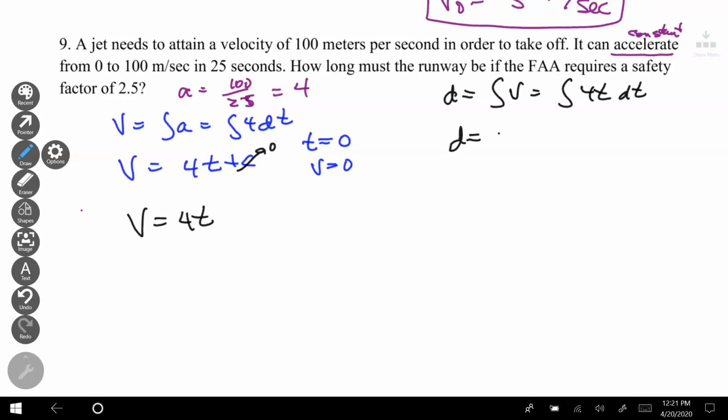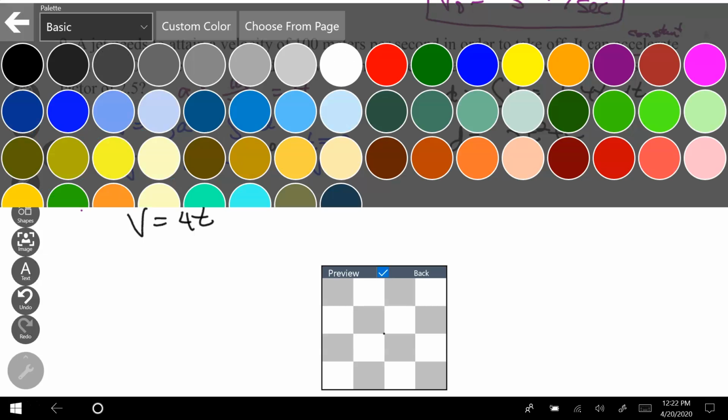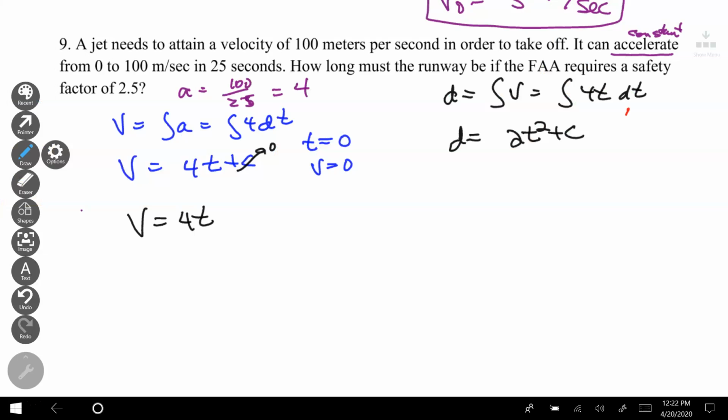So my distance is equal to 2t squared plus c. But again, at t equals 0, my distance is equal to 0. So again, this is 0. So d equals 2t squared. That is my distance equation.